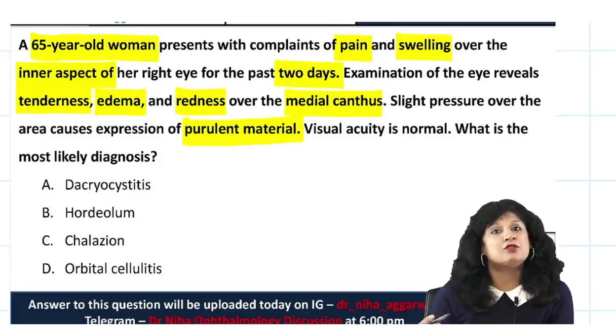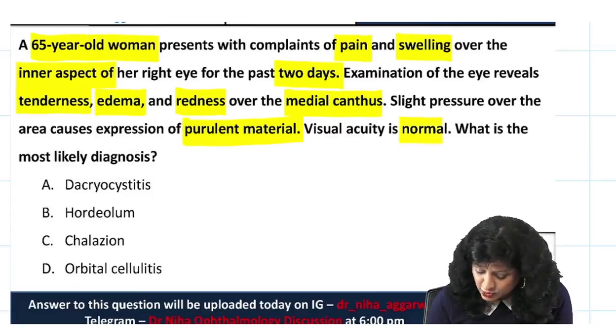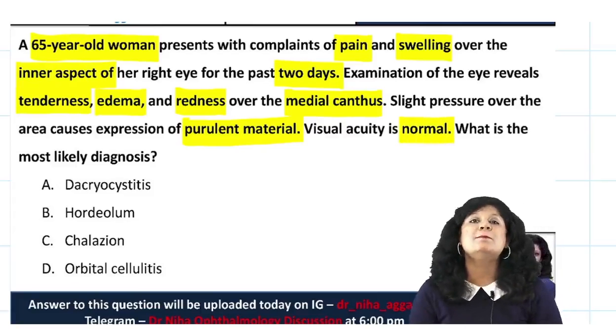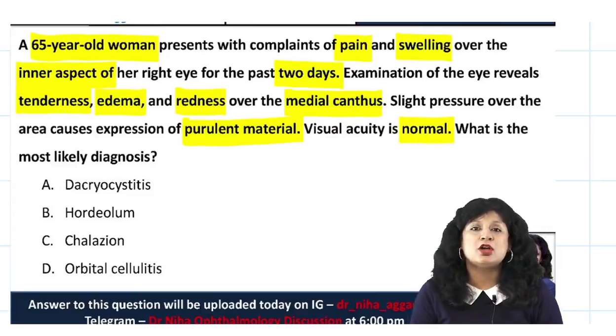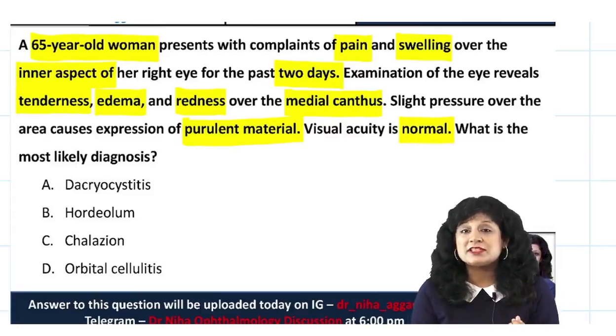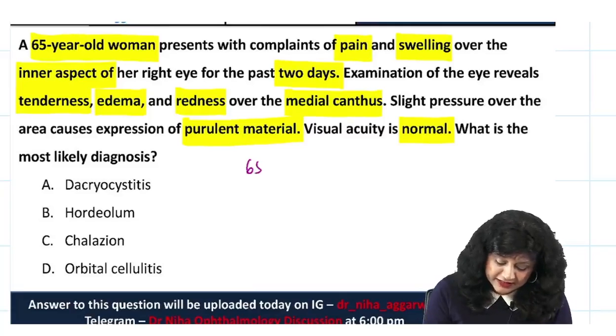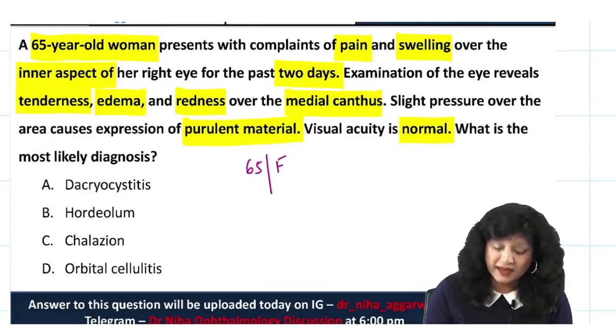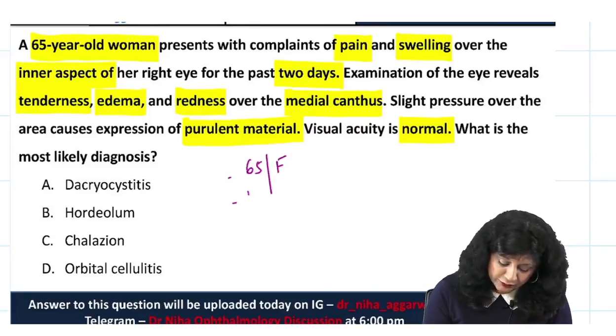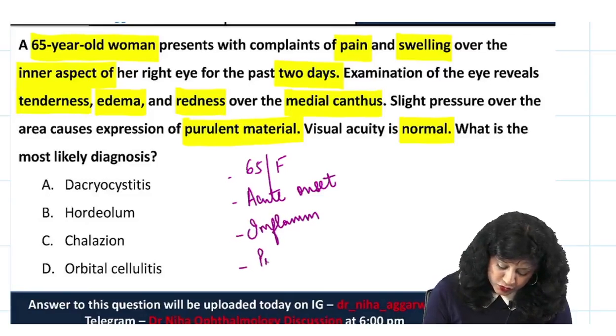Then they have talked about the visual acuity, that is normal. What is the most likely diagnosis? So you have to search for a diagnosis which is occurring in a 65-year female, which is of acute onset, okay, which should be inflammatory, and it should be pustular.